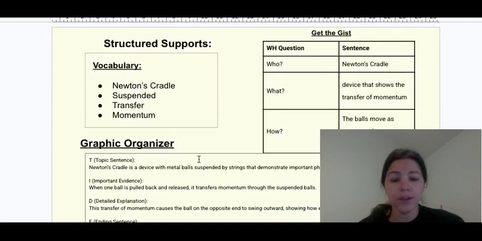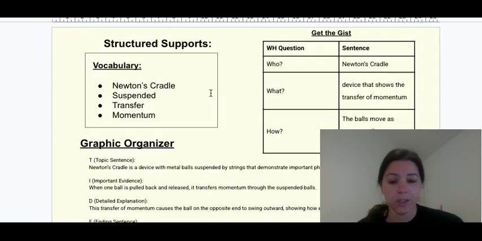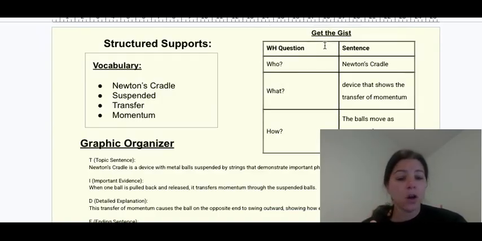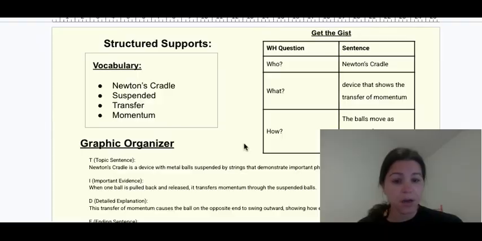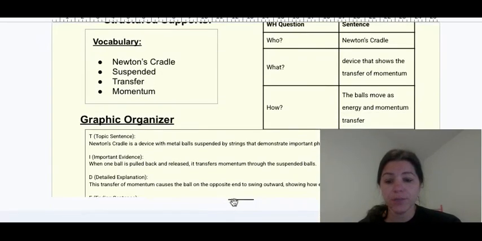And now I want you to think about what you see here on this page. There are vocabulary words. There are some different charts to help you get the gist of what a story is mostly about. And then there's also a graphic organizer here.